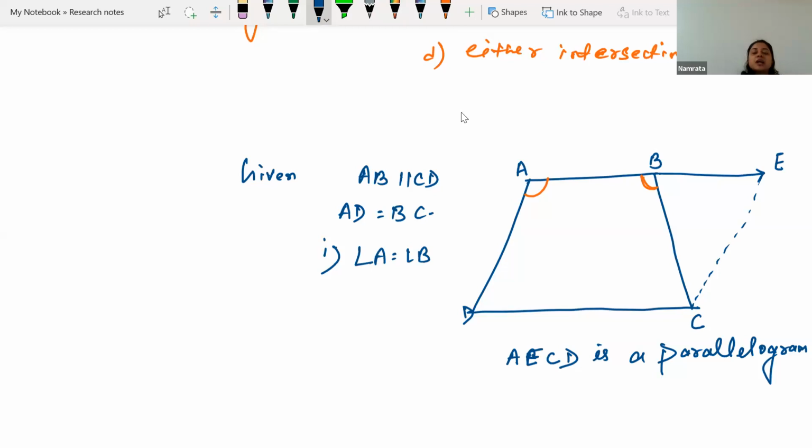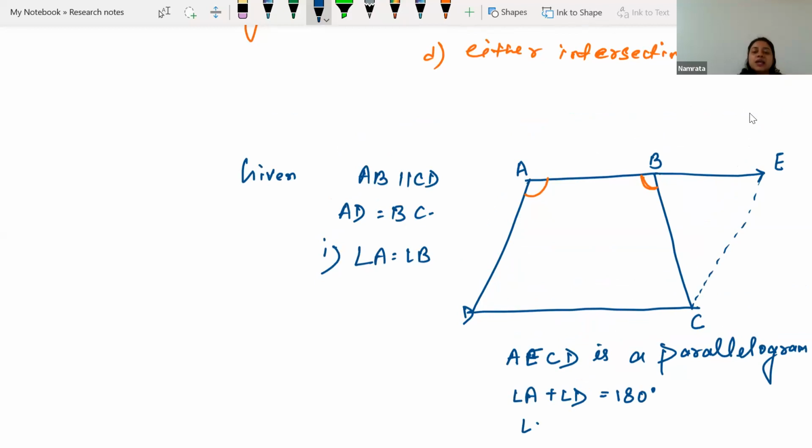Now, since it's a parallelogram, can we say angle A plus angle D is equal to 180 degrees? You can say adjacent angles of a parallelogram are supplementary with each other, or the sum of adjacent angles is 180 degrees. Okay.